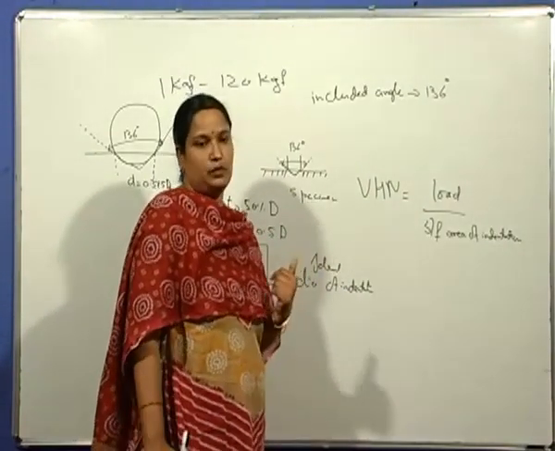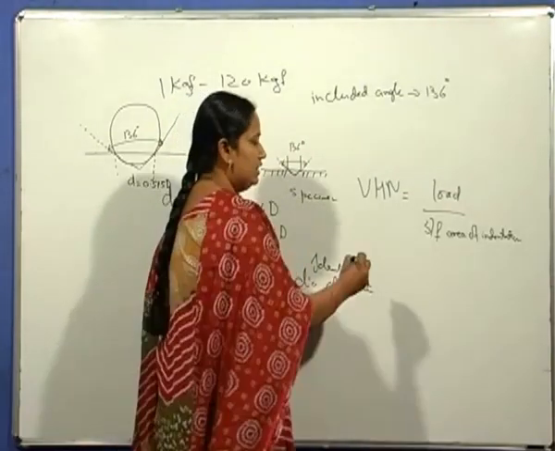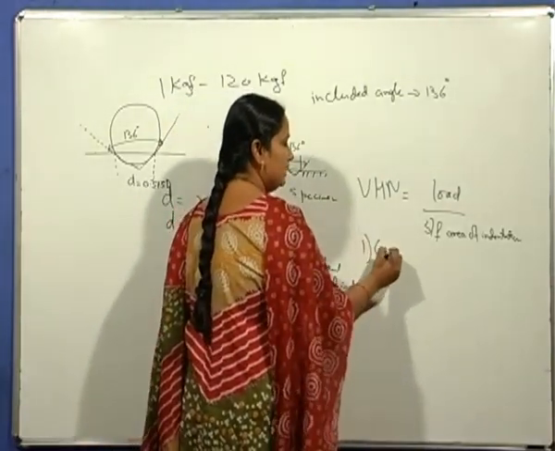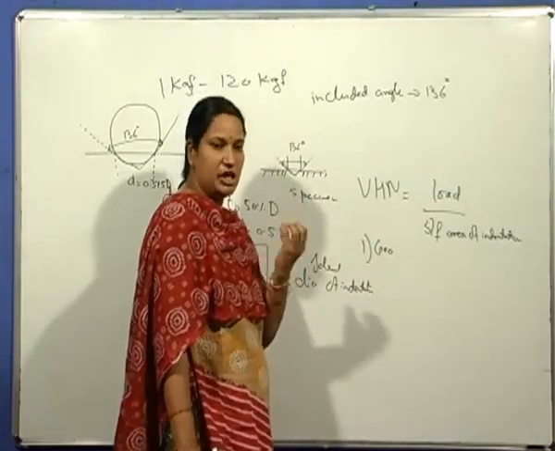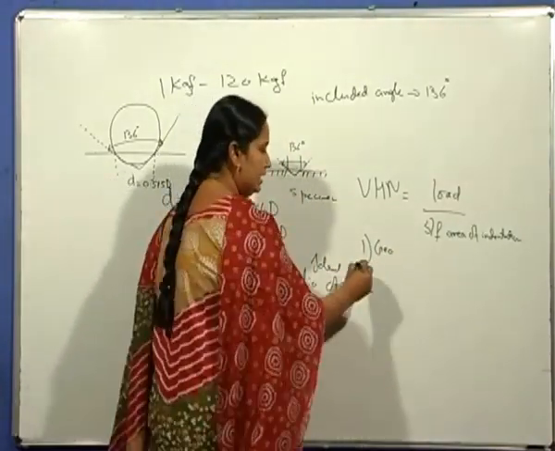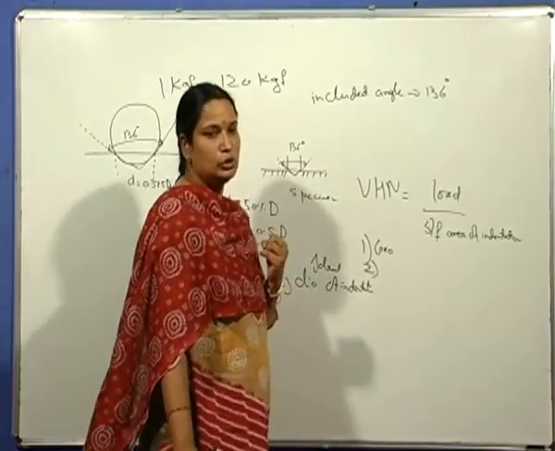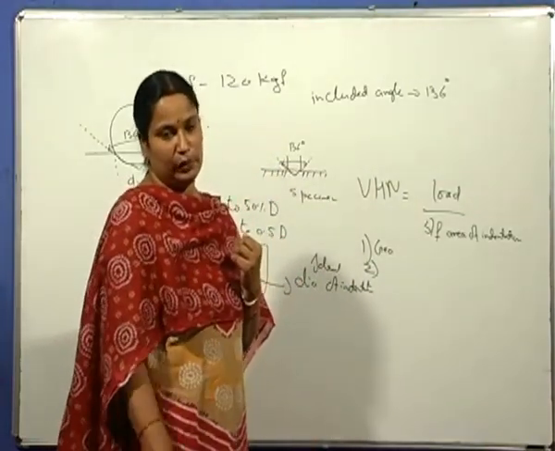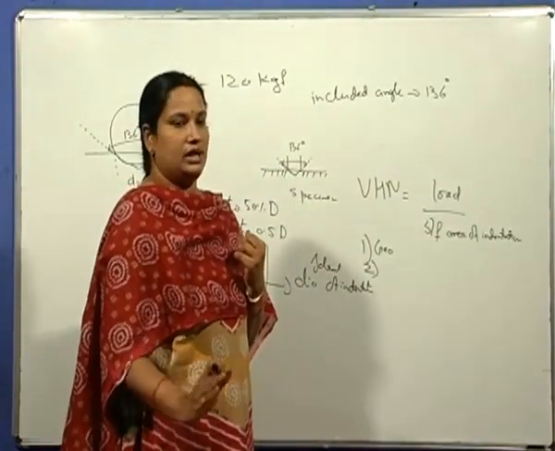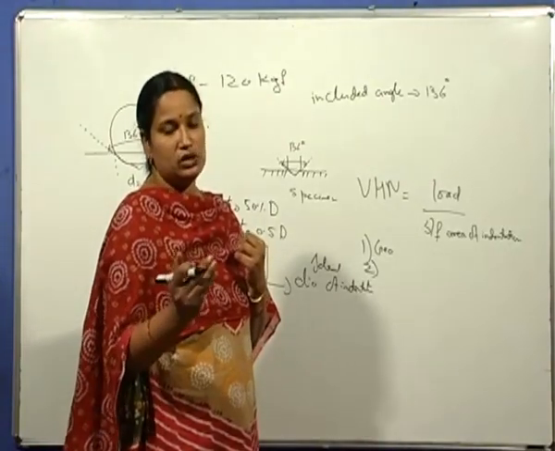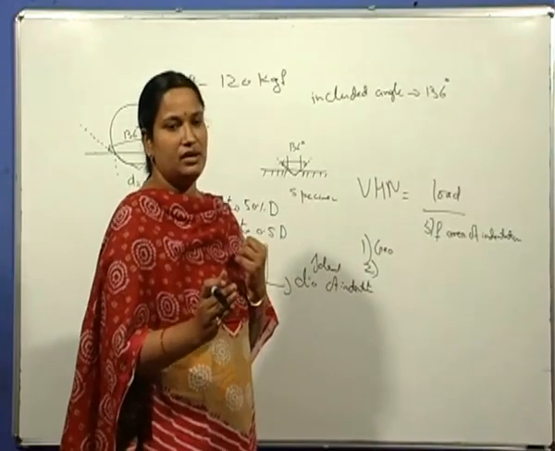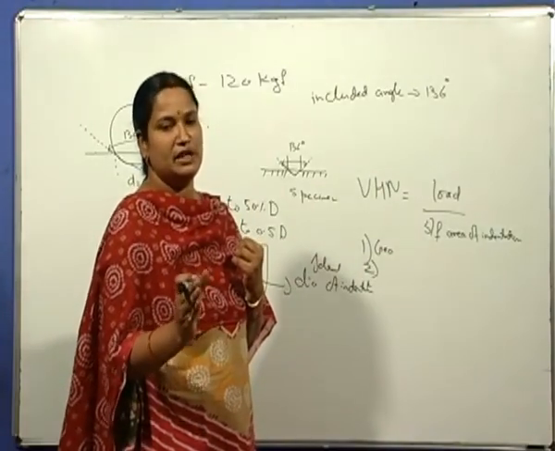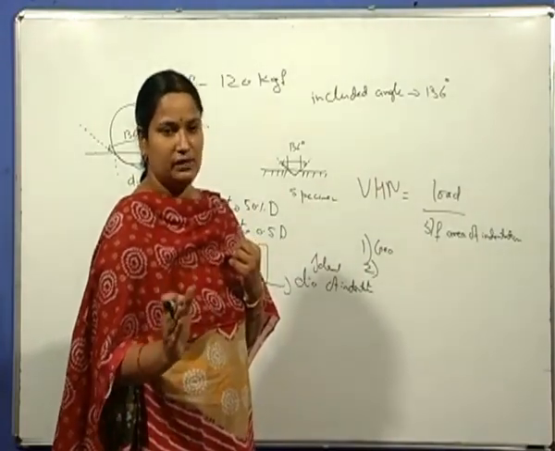And another advantage of this is, the first advantage is geometrically similar indentations can be obtained by this method because of the shape of the indenter. Second is, the hardness values do not vary with load, that is above 5 kg. If the loads are used above 5 kg, and for the case of a homogeneous material, the hardness values are independent of load, they do not vary with load.